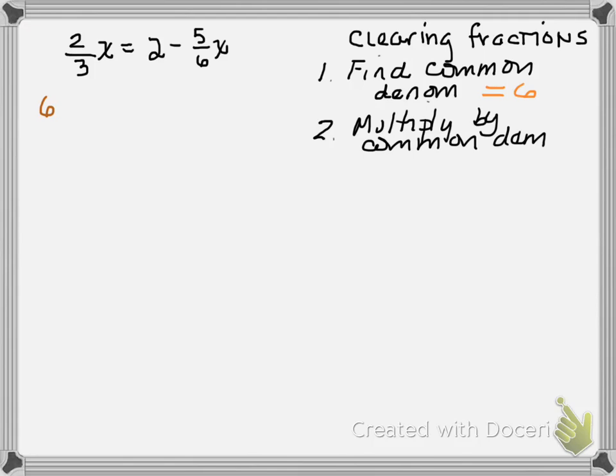So we're going to multiply the 6 times the 2/3 x, we're going to multiply the 6 by the 2, and we're going to multiply the 6 by the 5/6 x. So don't leave any piece out. If you leave any piece out there, then your equation's going to get out of whack, it won't be balanced, and whatever answer you get is not going to be the right one.